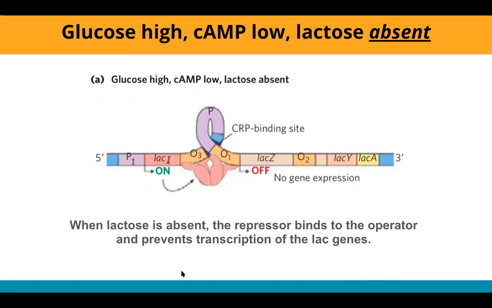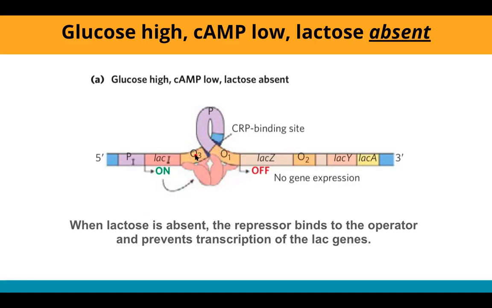So this is the first circumstance. If you have a high glucose, therefore you have a low cAMP, but lactose is absent, what happens is that when lactose is absent, the repressor binds to the operator and prevents transcription of lac genes. So the environment of the bacteria has abundant glucose, and the repressor protein is bound to the operator site.